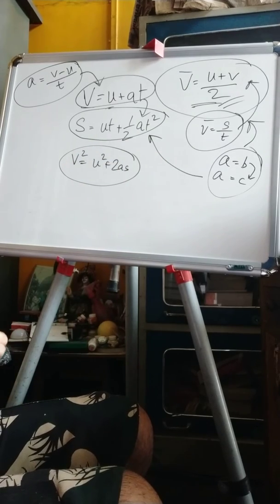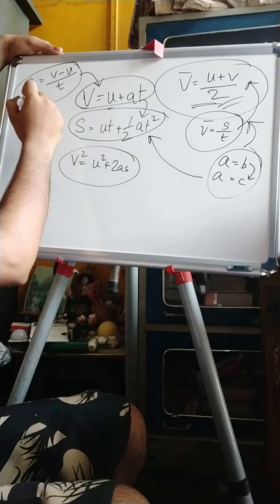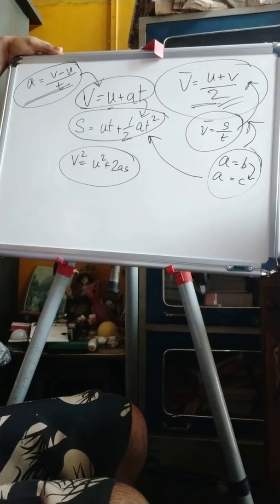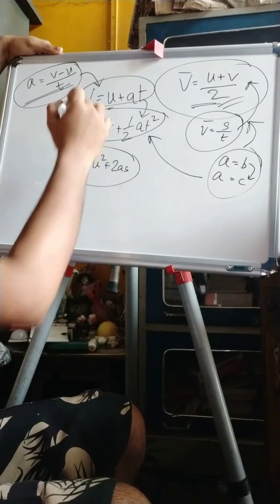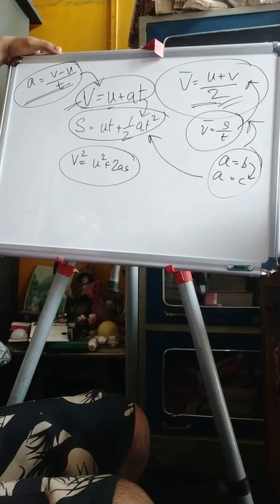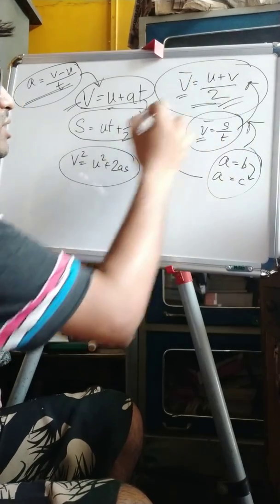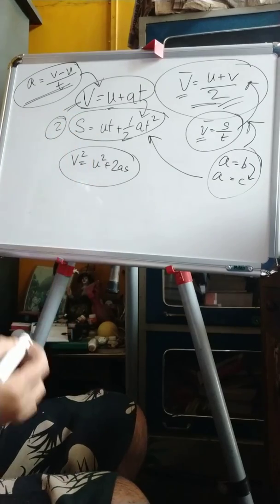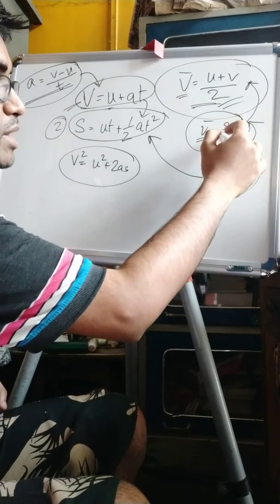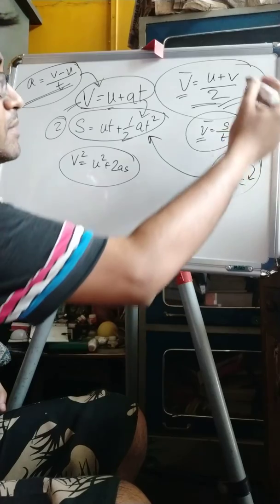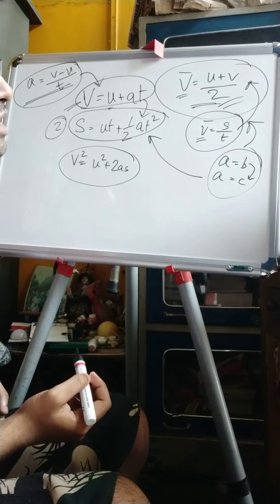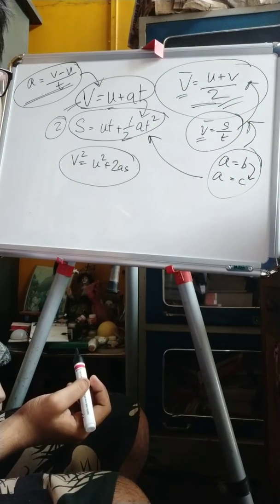Okay, to explain very simply, use the formula a equal to v minus u by t to derive v equal to u plus at. Use the formula of average velocity to derive the second equation of motion. Average velocity is what? S by t, meaning distance traveled by time, and also initial velocity plus final velocity divided by 2.